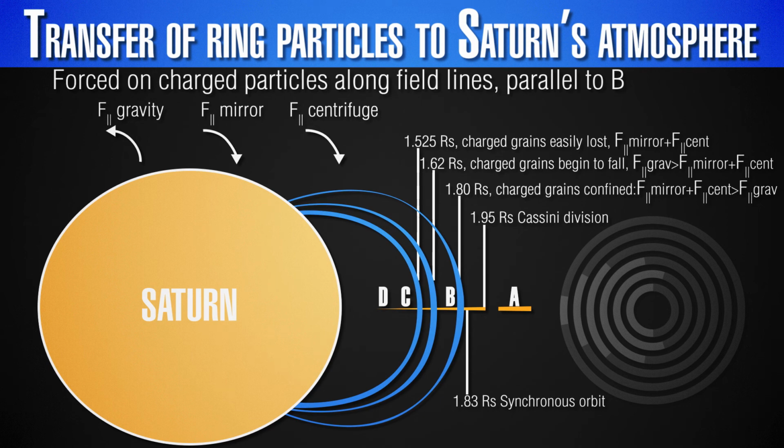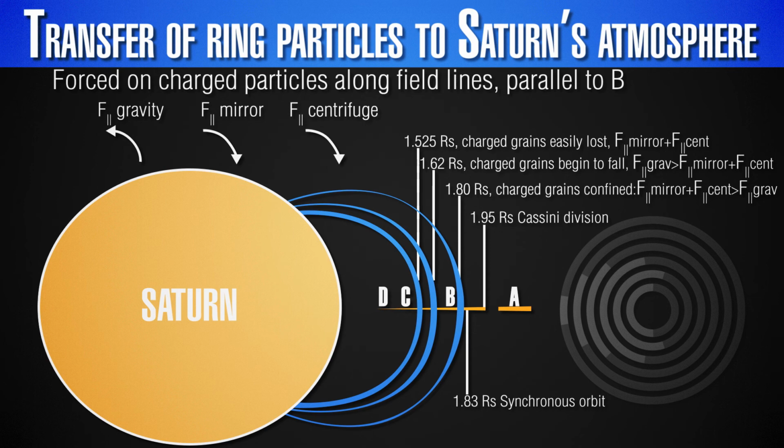However, the mirror force and the centrifugal force are going to start winning over gravity always once you're out in the B ring, or say about 1.8 Saturn radii. Okay? Finally, we also label here at 1.95 the Cassini division and 1.83, which is the synchronous orbit.